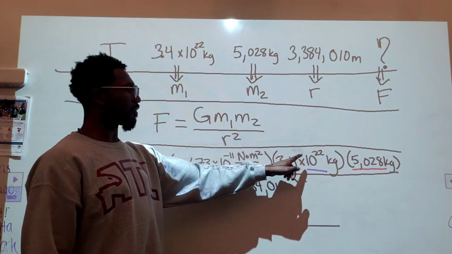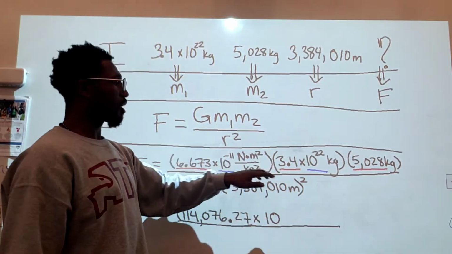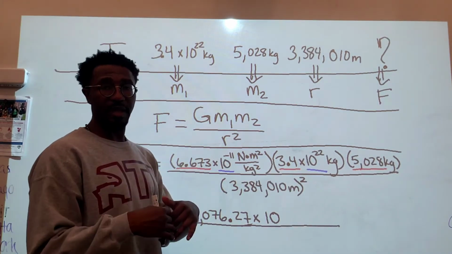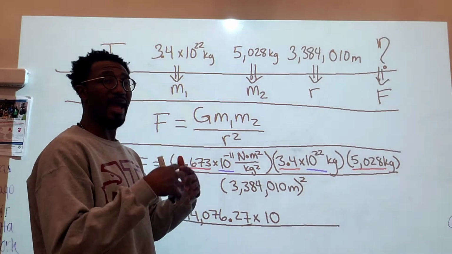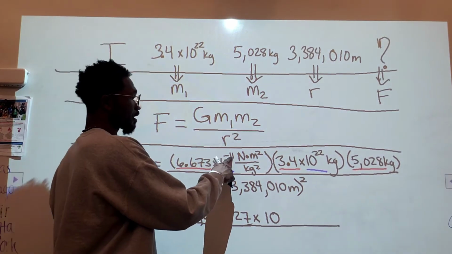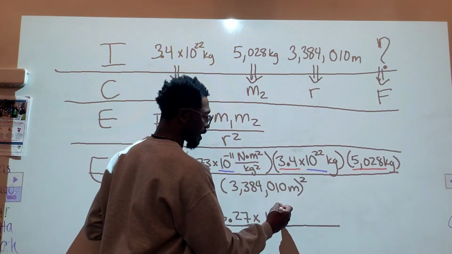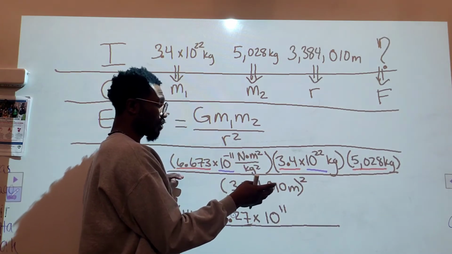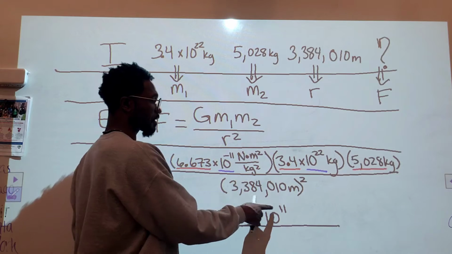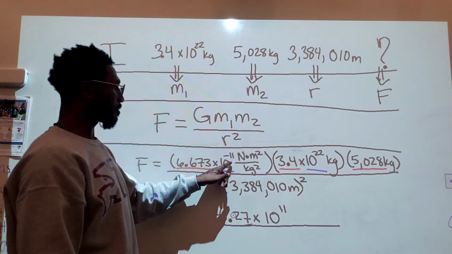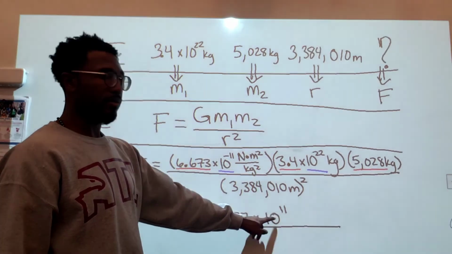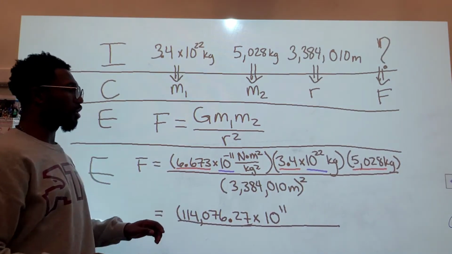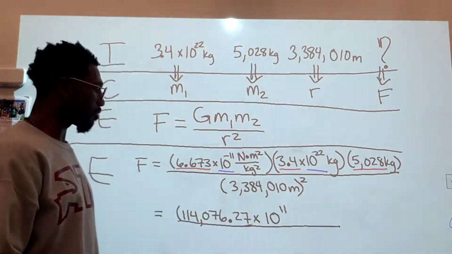So negative 11 plus 22, because we're multiplying these numbers, so we add the exponents. Whenever you multiply, you add exponents. Negative 11 plus 22 equals 11. So we write that down here. And now we're almost done. We just need to figure out our units for the numerator.